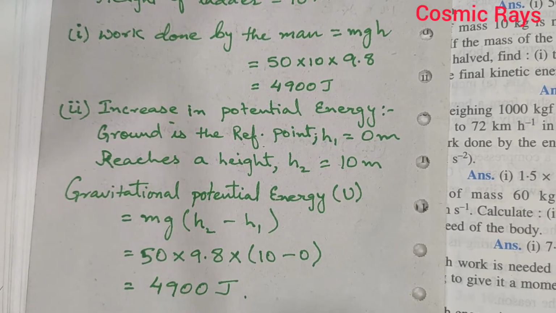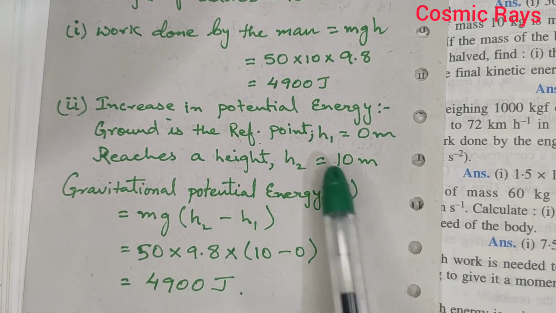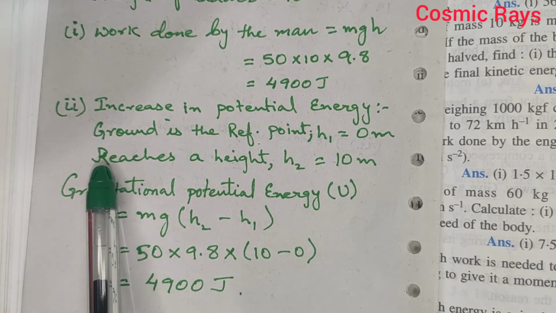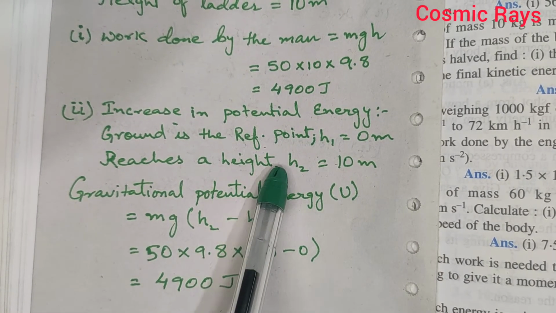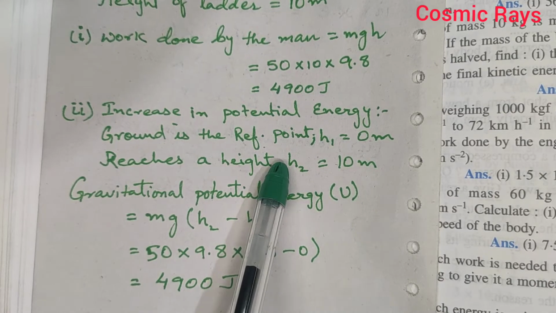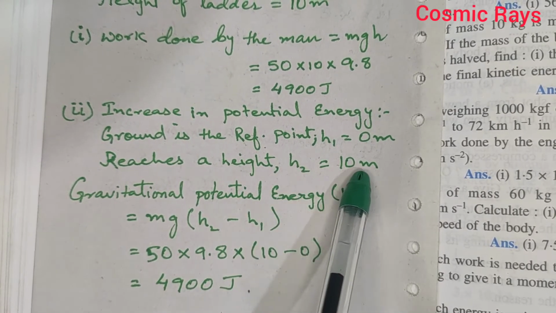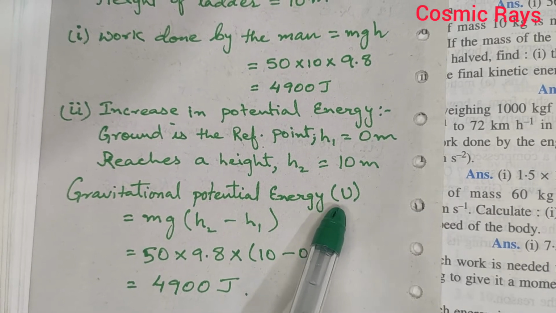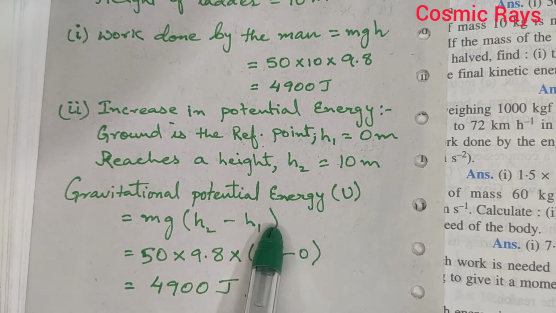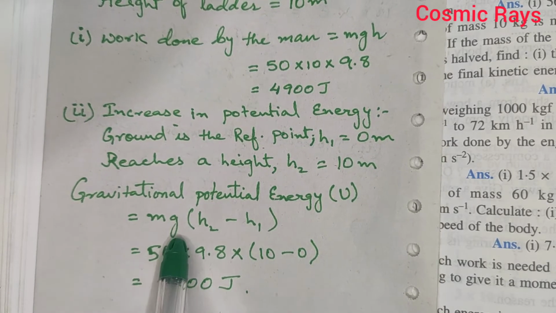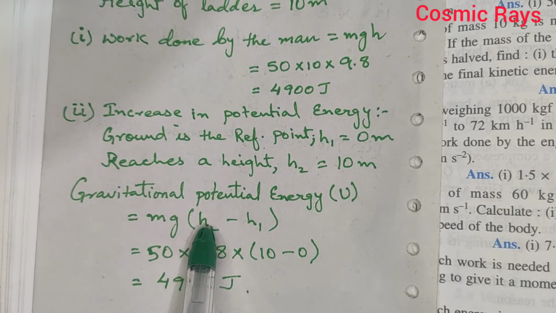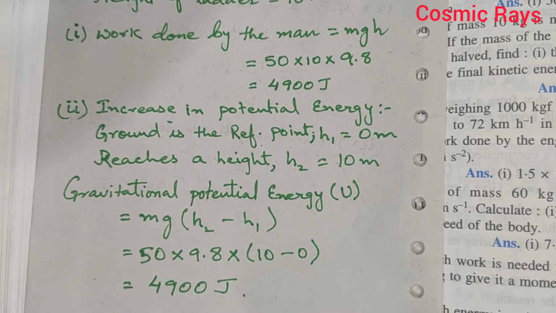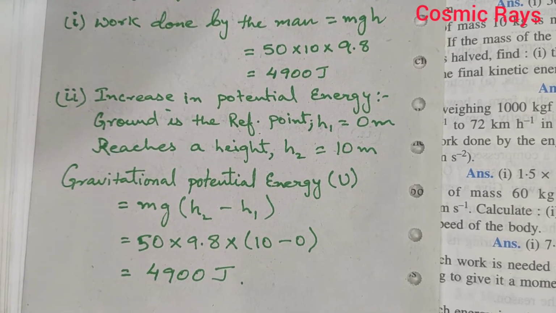So h1 is the initial height, which is the ground. So here h1 is 0 meters, that is there is no height, it is at the ground level, and it reaches a height where it uses the ladder, so it reaches a height h2, that is 10 meters. So the increase in the potential energy will be mg h2 minus h1. So mass is 50, small g is 9.8, h2 is 10 meters and h1 is 0. So again we get the answer as 4,900 joules.